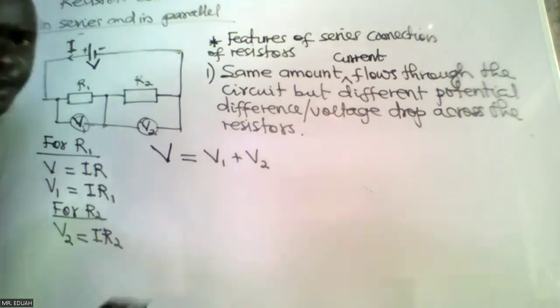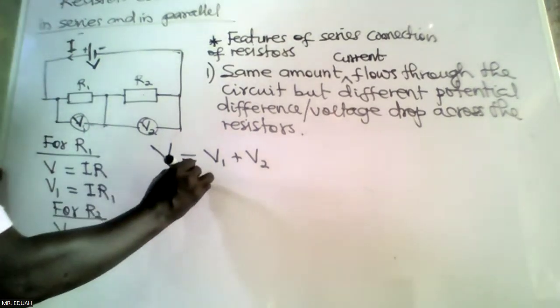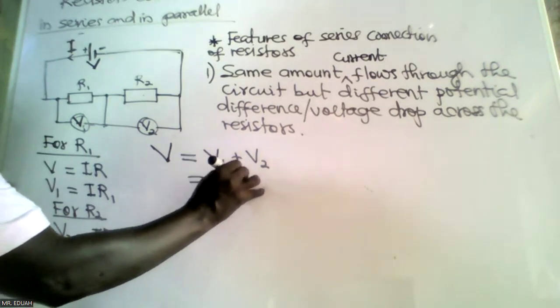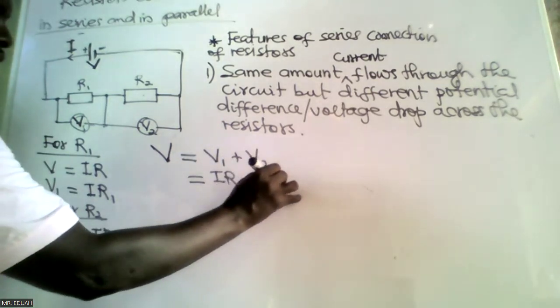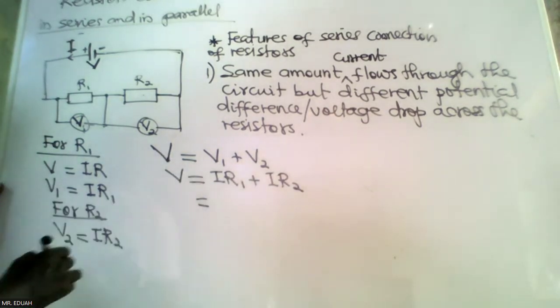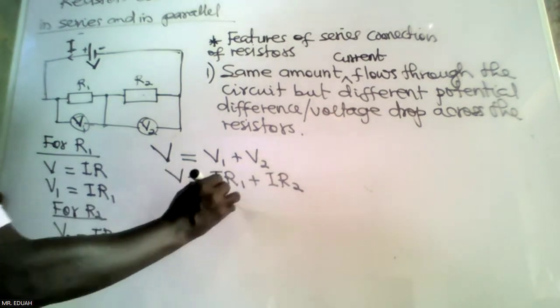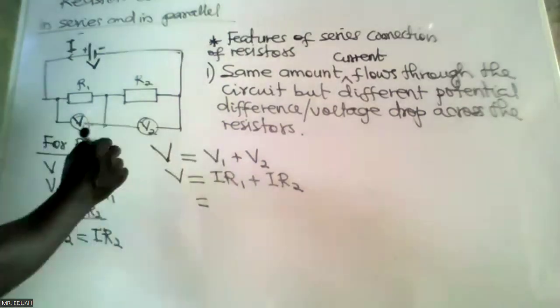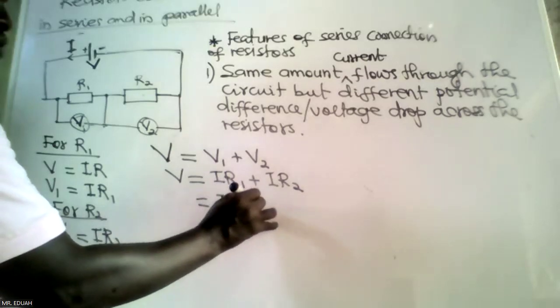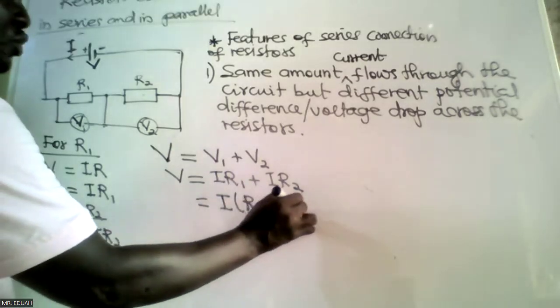Let's then substitute V1 and V2. So IR1 plus IR2. Let's factorize I out because it's common to each of the terms. So with I out, we have R1 plus R2.